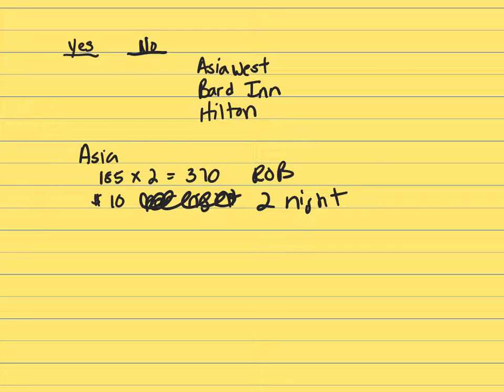So the Asia hotel is going to receive 25% of 380, and that 380 comes from 190 times 2. So they're going to receive back $95. So they're not losing money. They lost that $10, but they're getting the 25% back, so it's a big fat no.